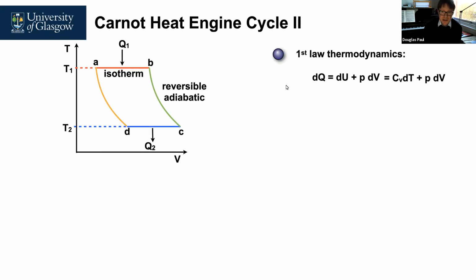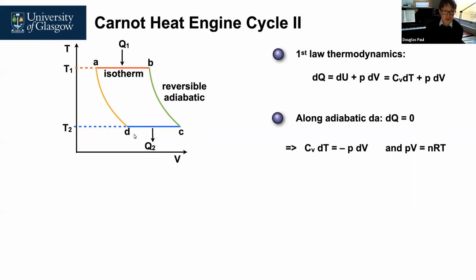So we're going to start yet again with the first law of thermodynamics, but this time we're going to look at the reversible adiabatics. To start with, we're going to look at DA. In this case, because it's adiabatic, we know that there's no change in heat in the system. There's certainly no input of heat.